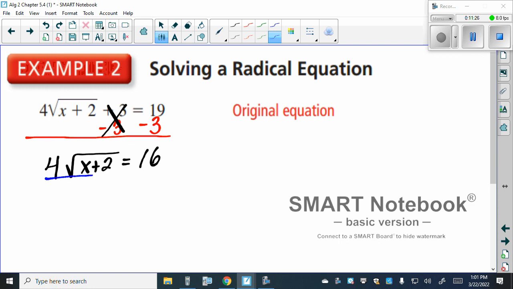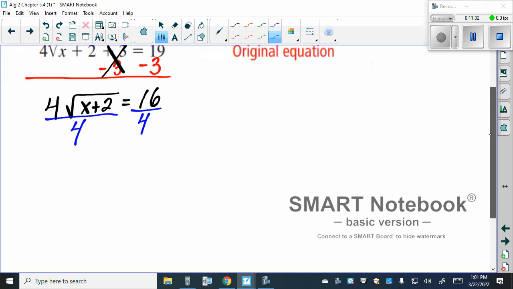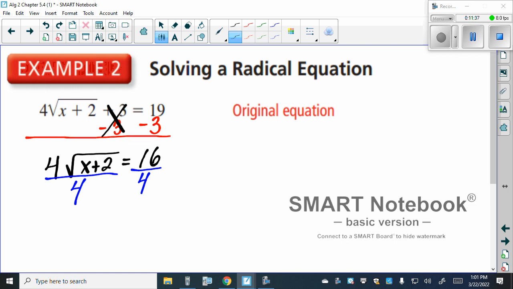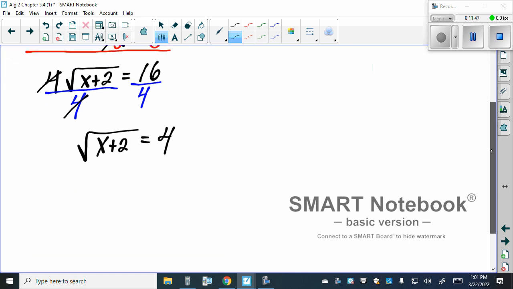So we would divide both sides by 4. Because to undo the multiplication with the 4 in the square root, we need to divide. Because 4 divided by 4 is 1, leaving us with the square root of x plus 2 is equal to 4.